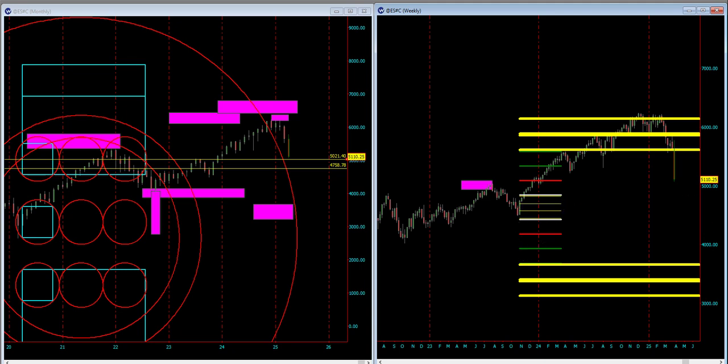Now you see what we are heading towards. Look at these lines. Let's mark it this way. Look at this.